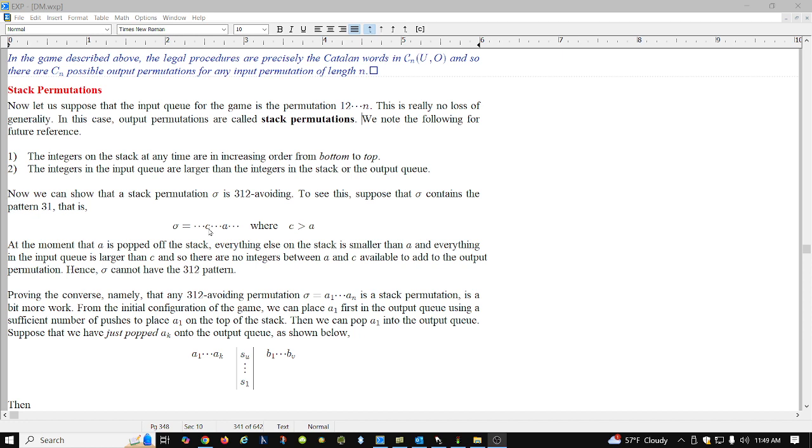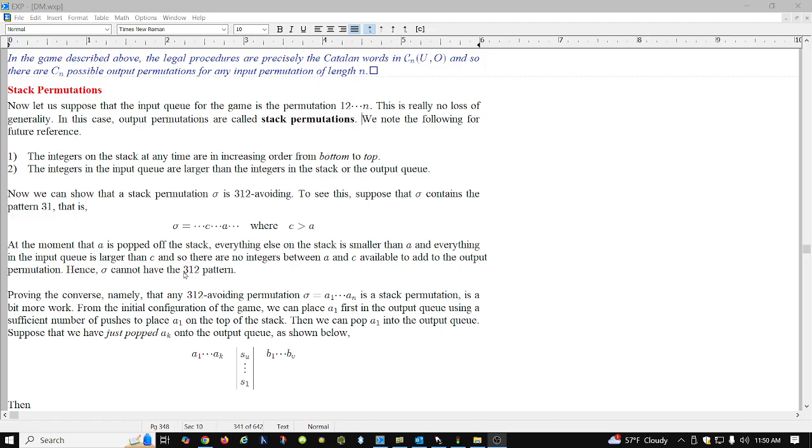If you take the element off the stack, it's smaller than A, so it's not in between. If you push an element from the input queue to the stack and then pop, it's bigger than C. So we're either going to be bigger than C or smaller than A. We're not going to be in between.